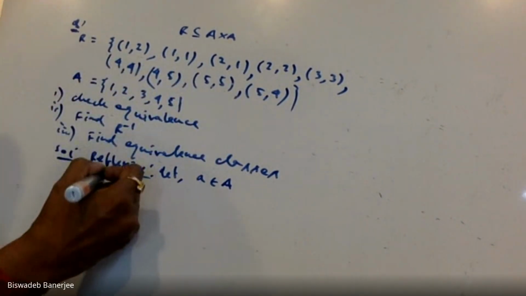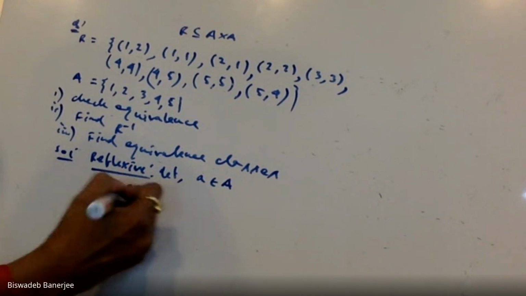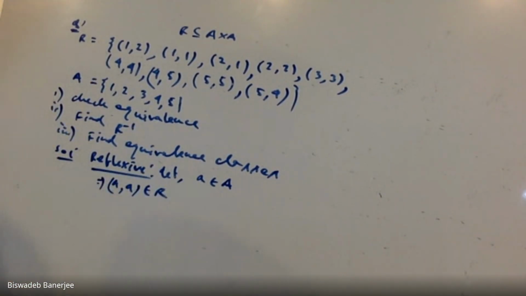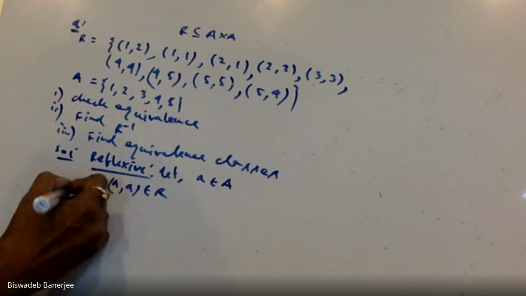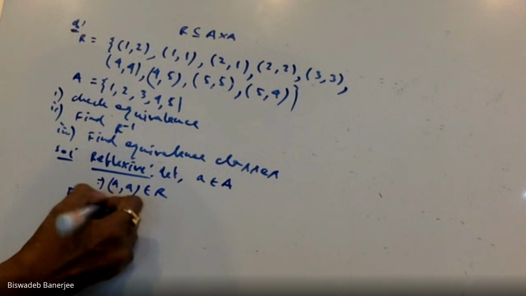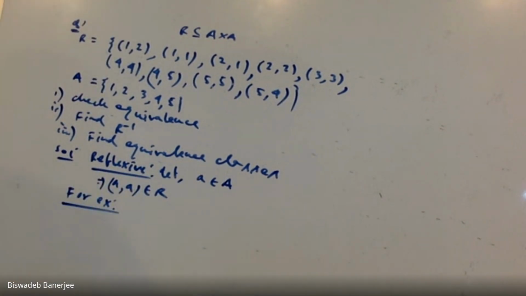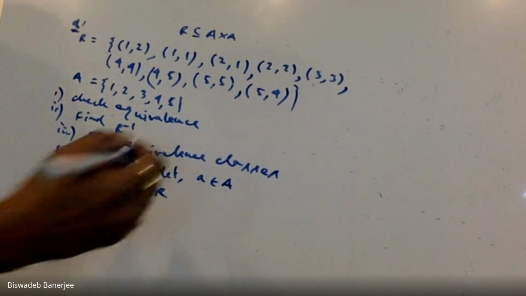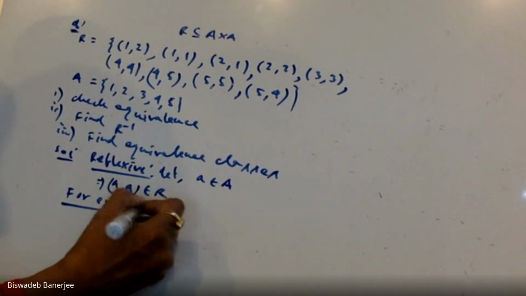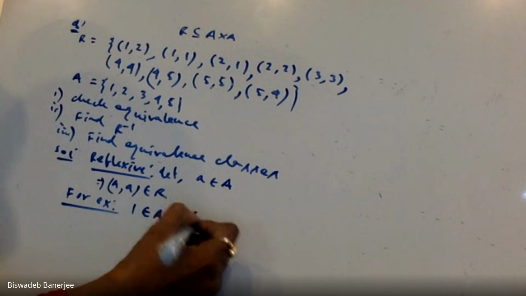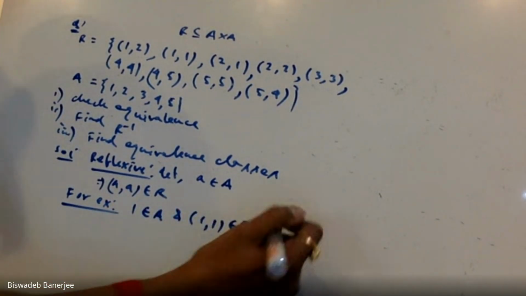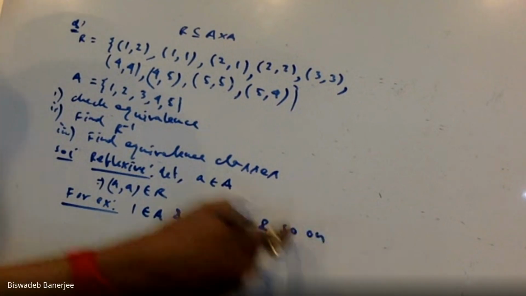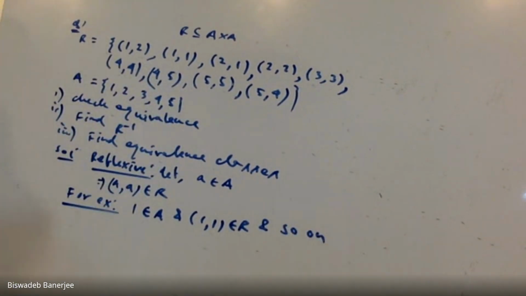That means we can write (a, a) belongs to R. Just give an example in the exam to get more marks. For example, 1 belongs to A and (1, 1) belongs to R, and so on. Explain like this. After that, the relation is reflexive.